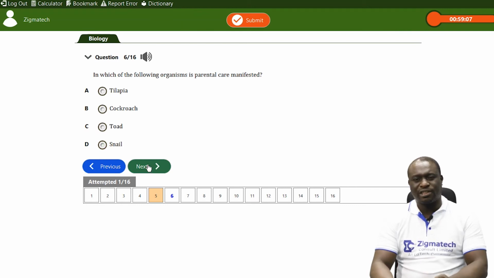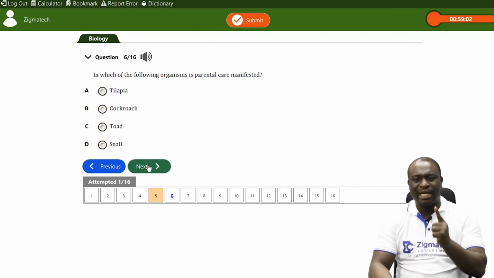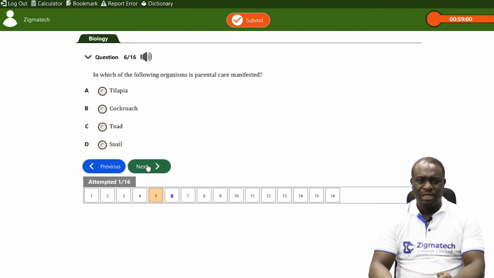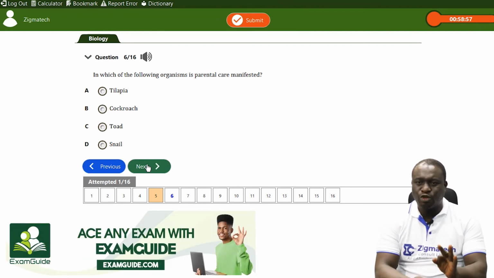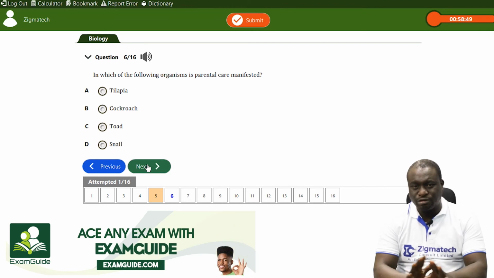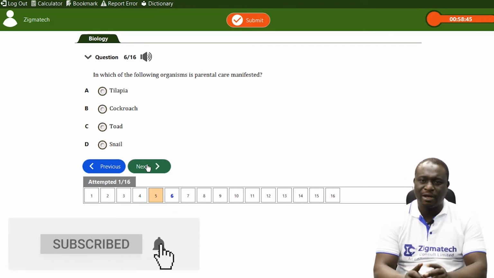Now look at question 6. In which of the following organisms is parental care manifested? If you could remember, we said it is only 2 classes that show parental care. We talked about mammals and we talked about aves. The other classes, they do not show parental care. Now, option A says tilapia, which is wrong. It doesn't show parental care.